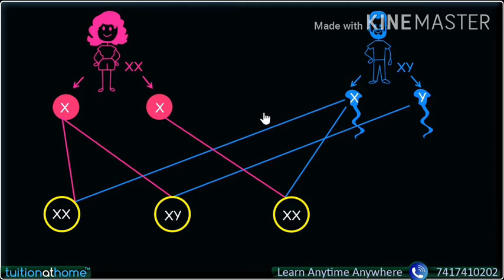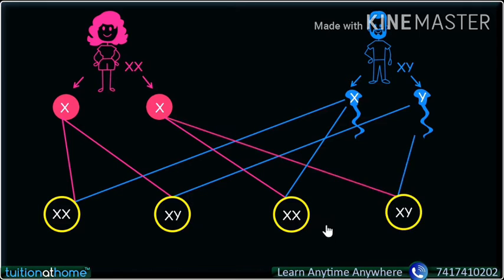And at last, the second X of the female and the Y of the male, when fused together, we get XY. The genotype is XY. So these are the genotypes produced. And we'll see now the phenotype.